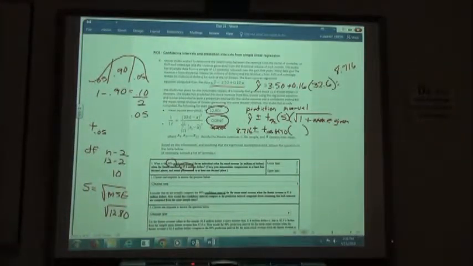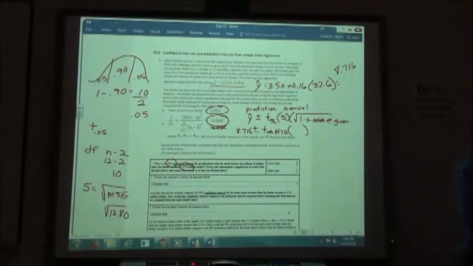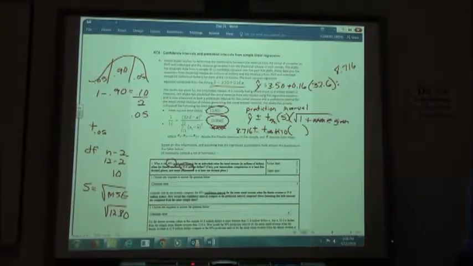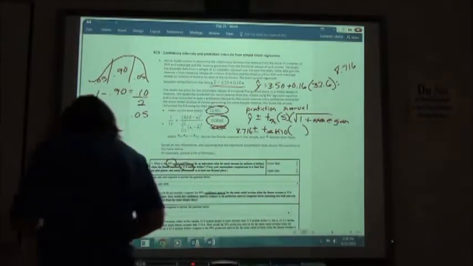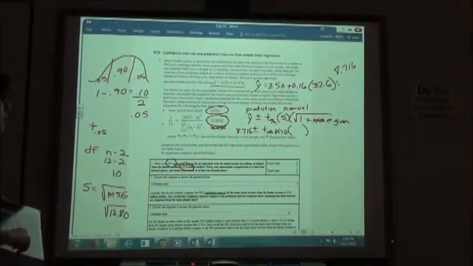If you go ahead and grab your calculator and do the square root of 12.80, I get 3.57777.